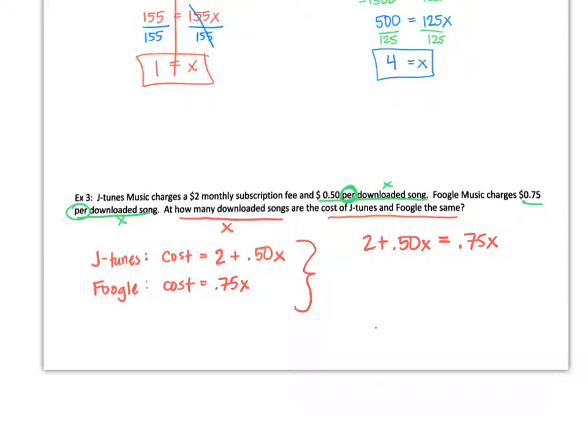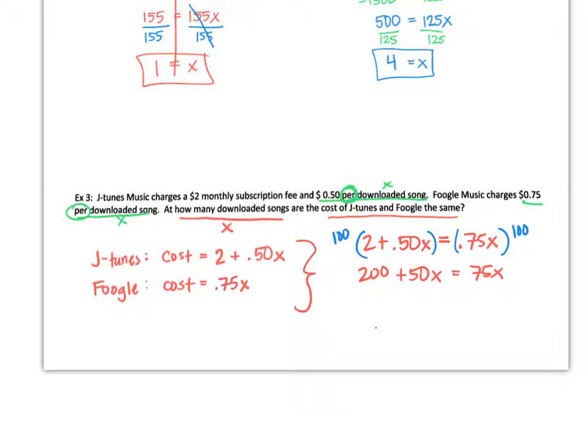So in order to solve this, we're going to multiply both sides by 100 because I want to move the decimal over twice. Okay, I'm going to go through this one quickly. Setting up the equation is the hardest part of this. We get 200 plus 50x equals 75x.